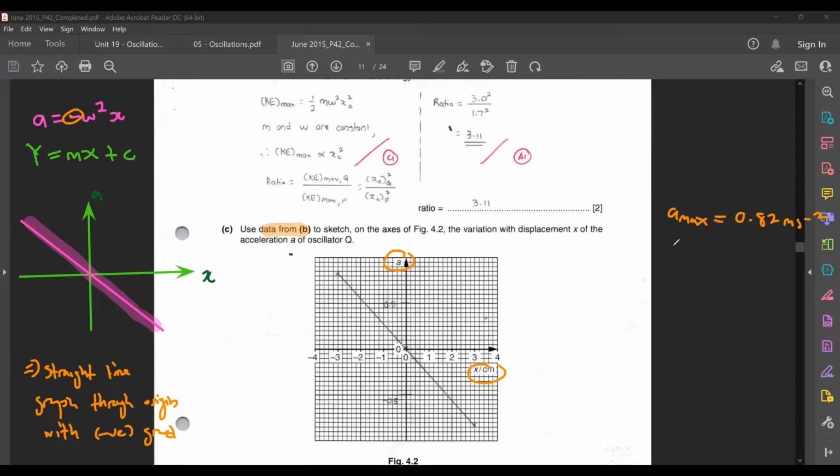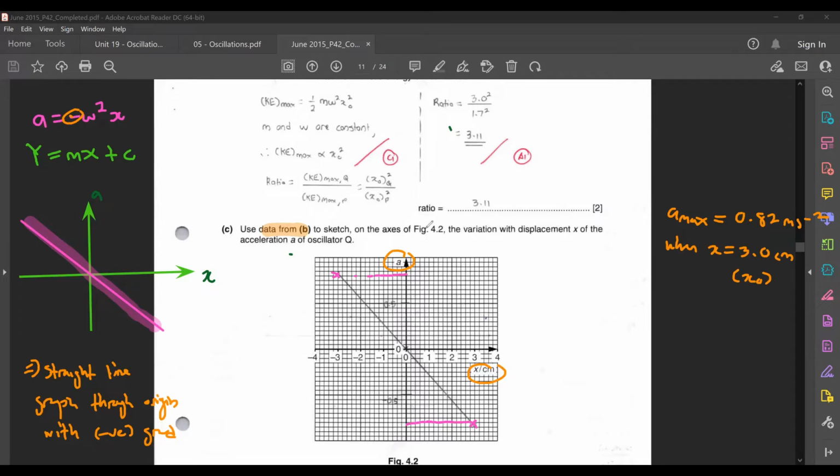So a is max when x is at your amplitude position, which is 3 centimeter. In addition to having a straight line graph through origin, you need to mark out your points. At the positive and negative 3 centimeter position, you're supposed to mark out your a max.